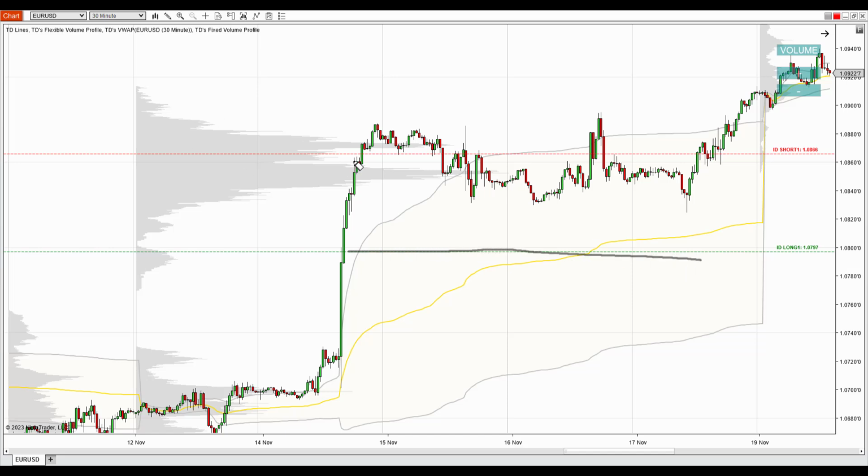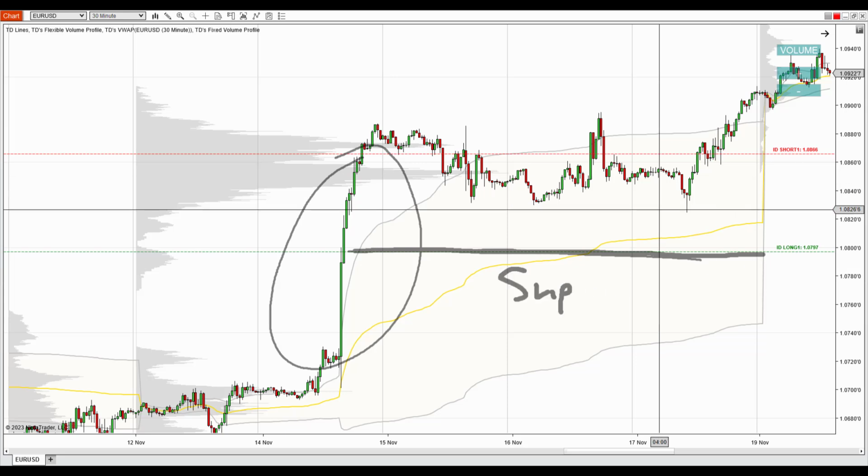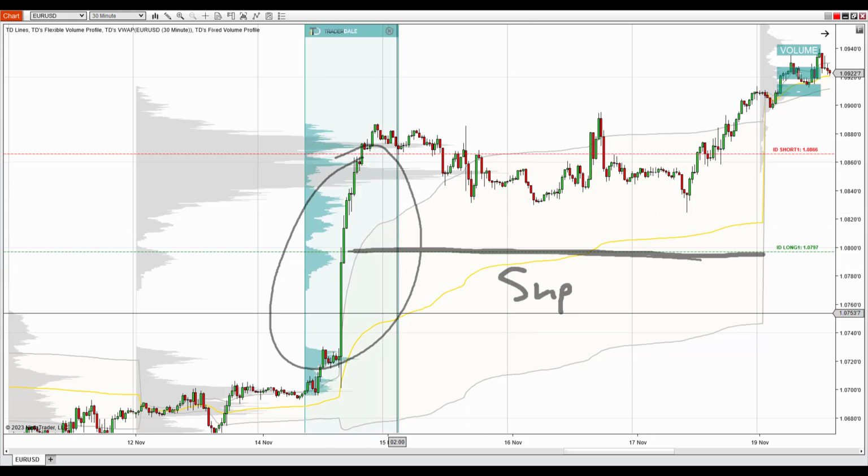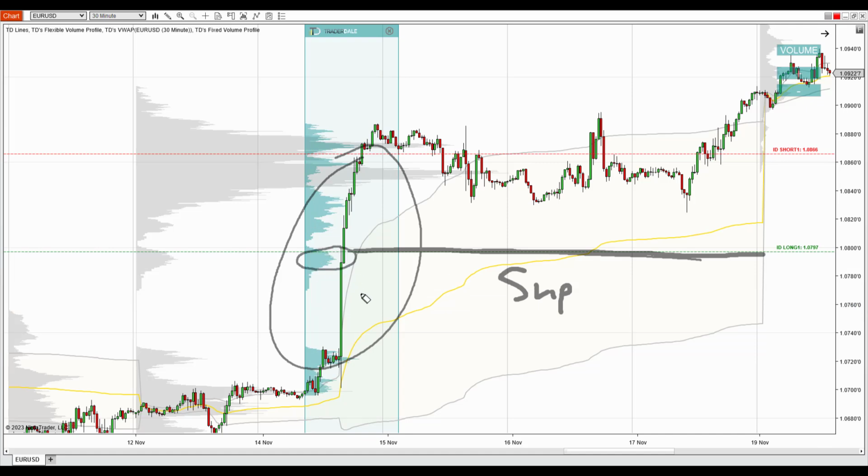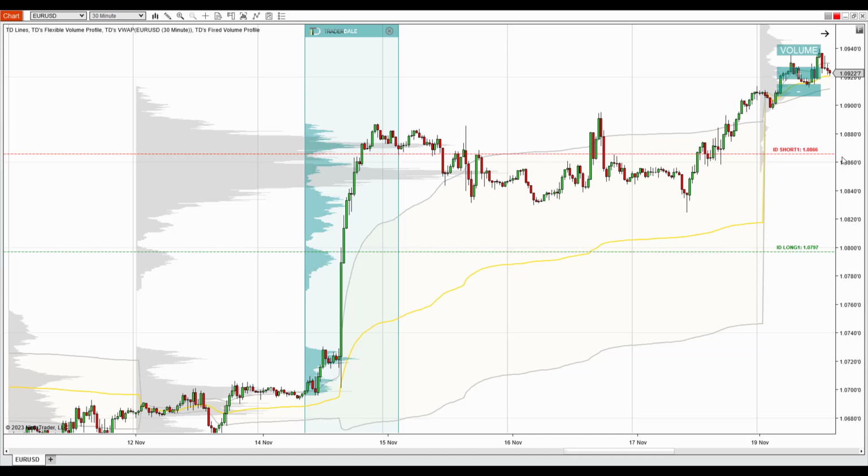And if you look at just price action here, there's not really anything that would tell you that this is a support. But if you use volume profile, then it's clear, right? It's this bump. So those are the kinds of trades which only volume profile or volume-based indicators like order flow can show you. So this is sort of a hidden level.